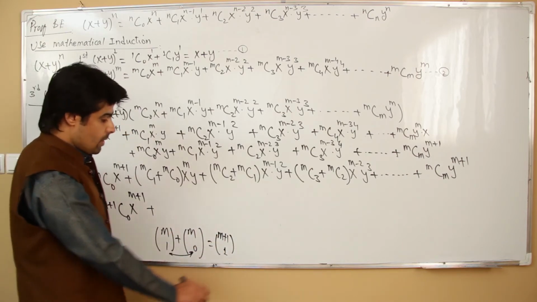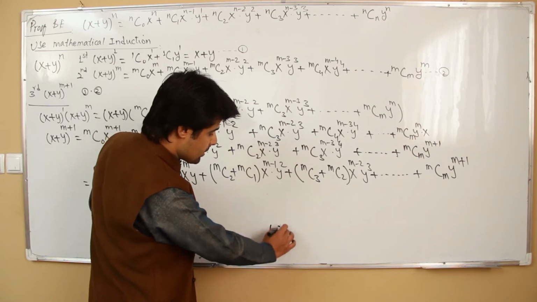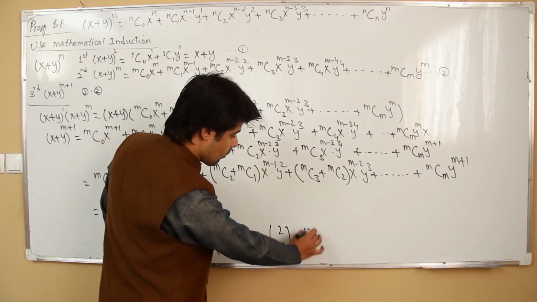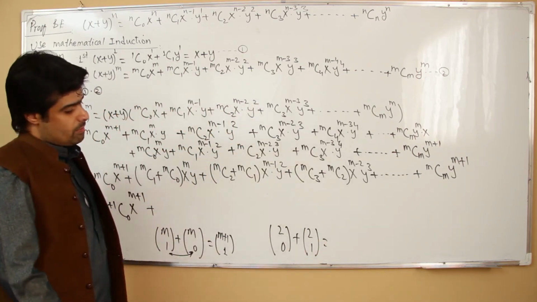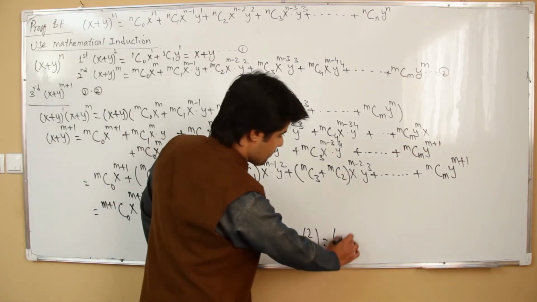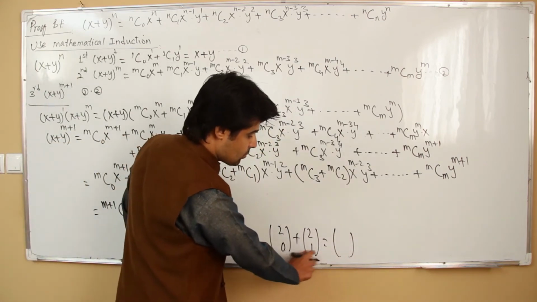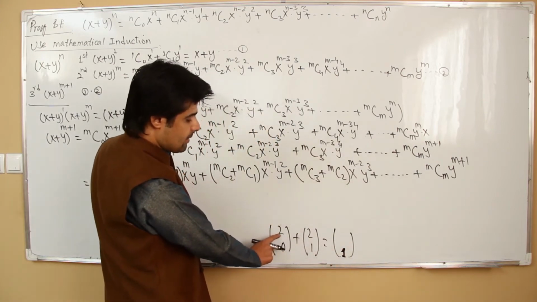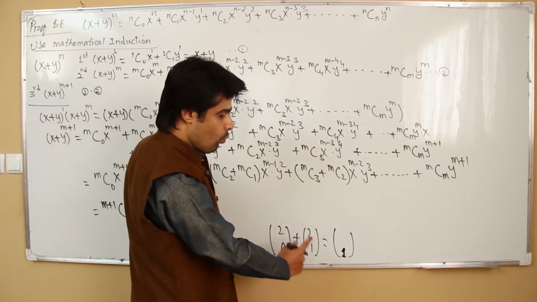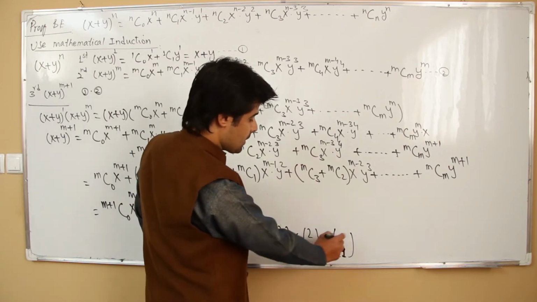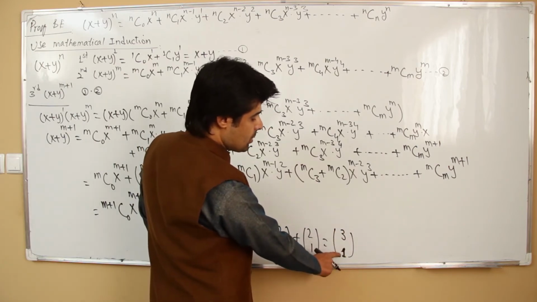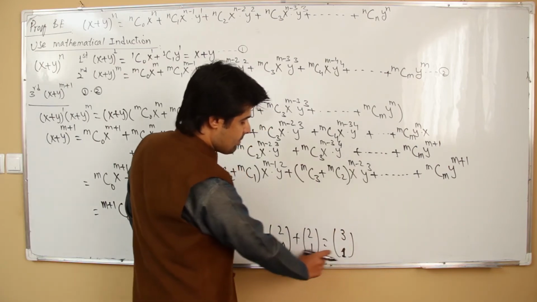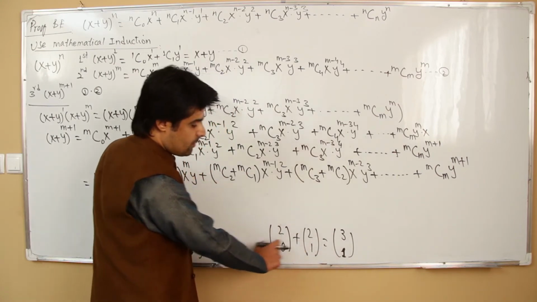What do I mean? If you have 2 by 0 plus 2 by 1, now what is the combination for this one? Pick up the largest one, which is 1, and add this term by 1 more. It means 2 plus 1, it's 3. Then 3 by 1 has the same result as the summation of these two.